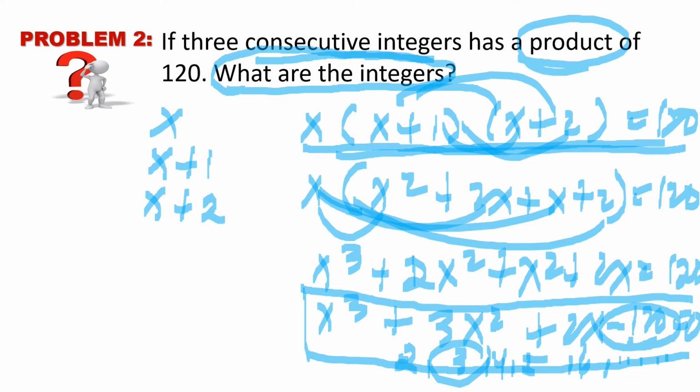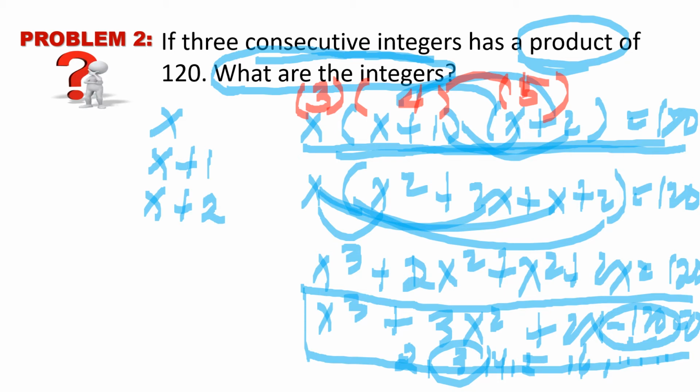If x here is 3, then this will be 3 times 3 plus 1, this will be 4. And this one, 3 plus 2 will be 5. Let's multiply this. 4 times 5 is 20 times 3, that's only 60. It cannot be 120. So therefore, x is not 3.